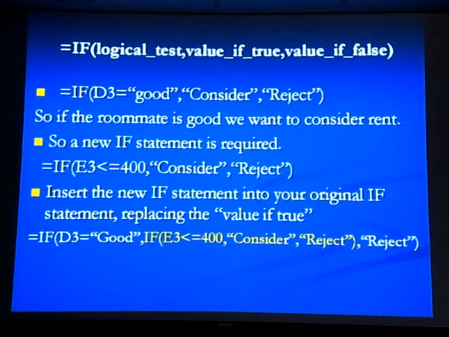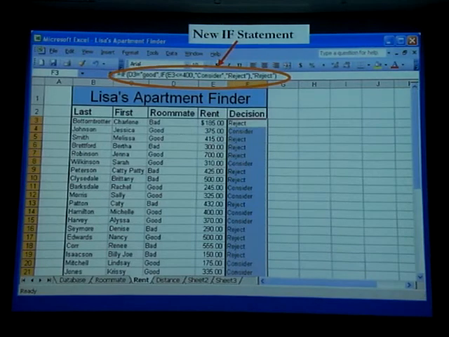If the roommate is good, then it will further test if the rent is less than or equal to $400. If the rent is less than or equal to $400, the value will be consider. If not, the value will be reject. If, in the beginning, the roommate is found to be not good, it will not test further and will yield reject. We insert the new formula and use the fill handle just like we did before.